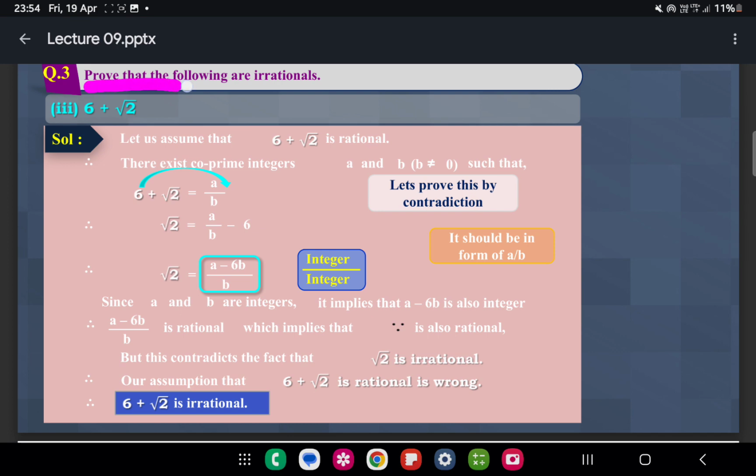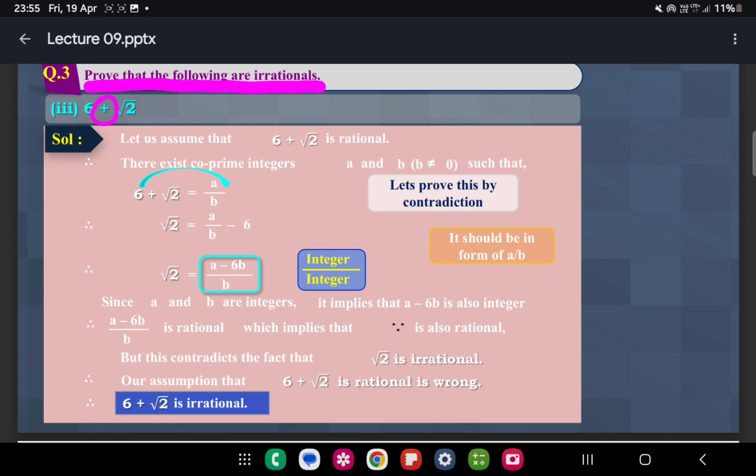Prove the following are irrational. Here we have to show that 6 plus root 2 is irrational. Already we proved 7 root 2 or 2 root 5 and some other problems, but here with 6 plus root 2 there is some difference, though it is easy to understand.